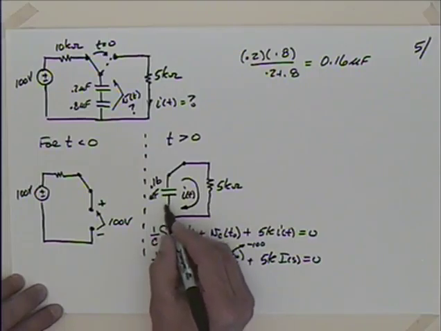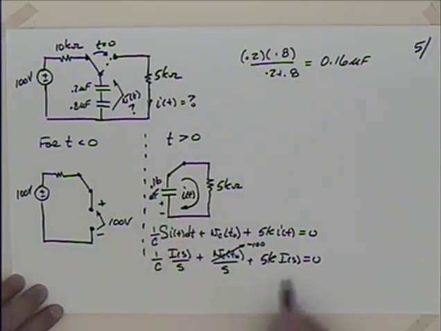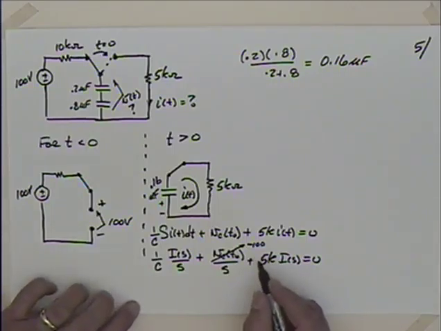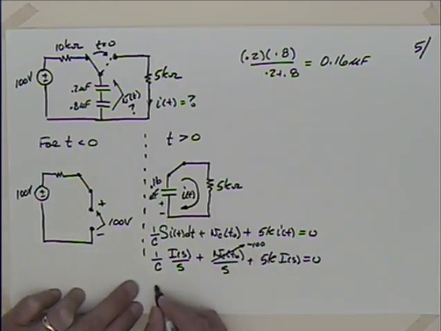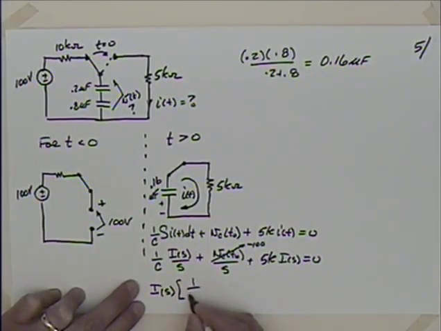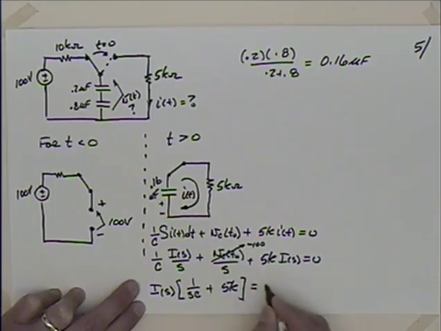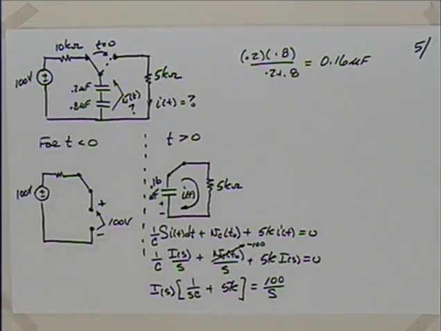So I would end up with the polarity across there like that, and that would be a gain. We've taken drops as positive, so a gain would be negative. So I can say then, solving for I(S) here, or at least factoring it out, that I have 1 over SC plus 5K is equal to the negative 100 over S goes to the other side, so it becomes positive 100 over S.